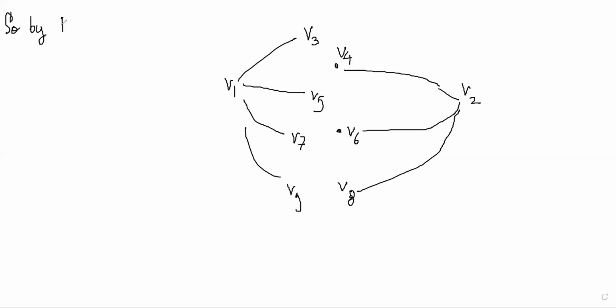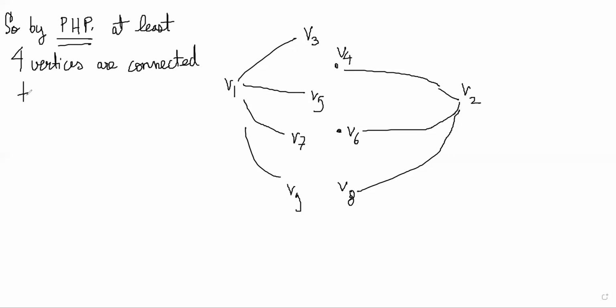Okay. So by pigeonhole principle again, at least 4 vertices are connected to either V1 or V2.